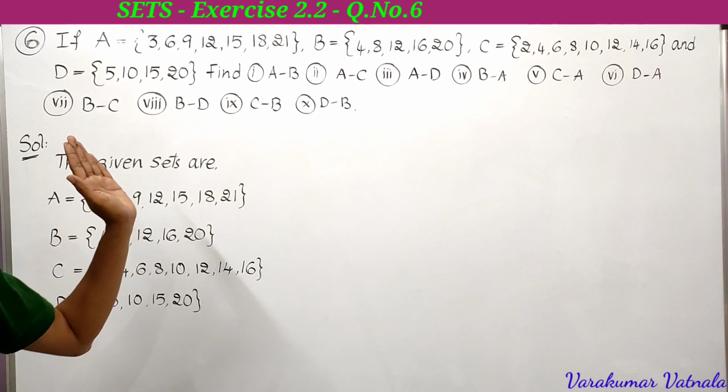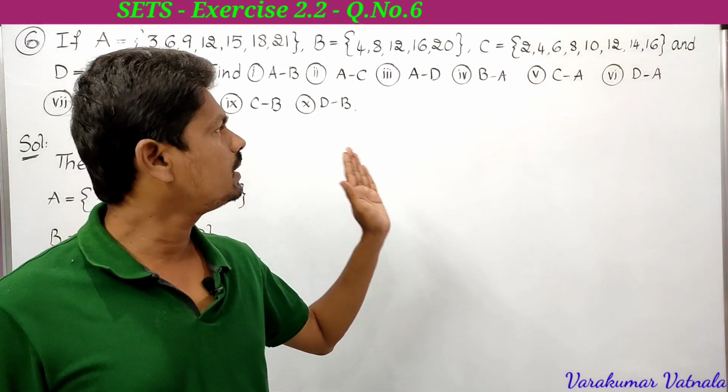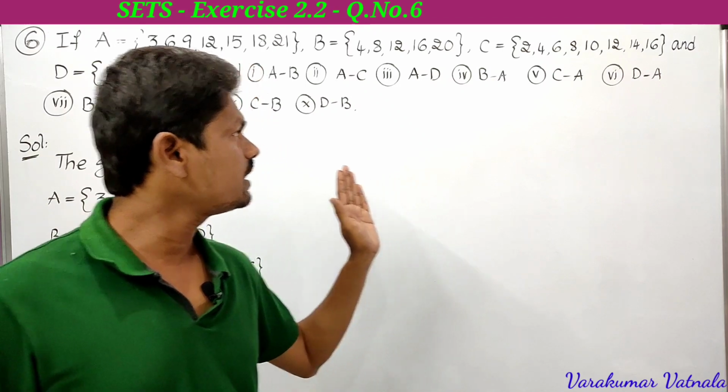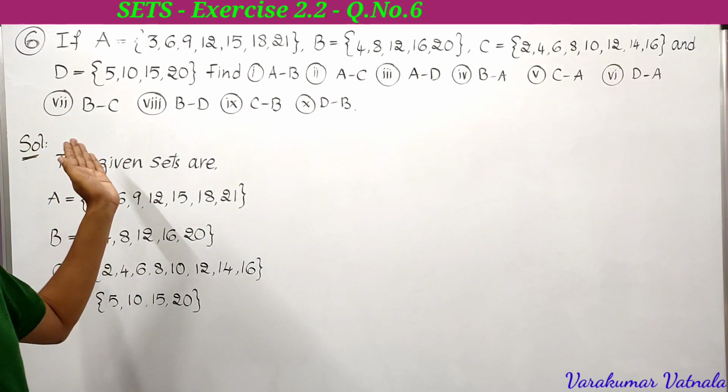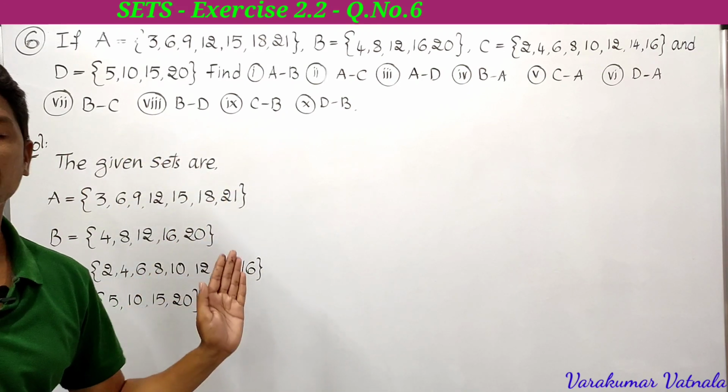Find A minus B, A minus C, A minus D, B minus A, C minus A, D minus A, B minus C, B minus D, C minus B, D minus B.